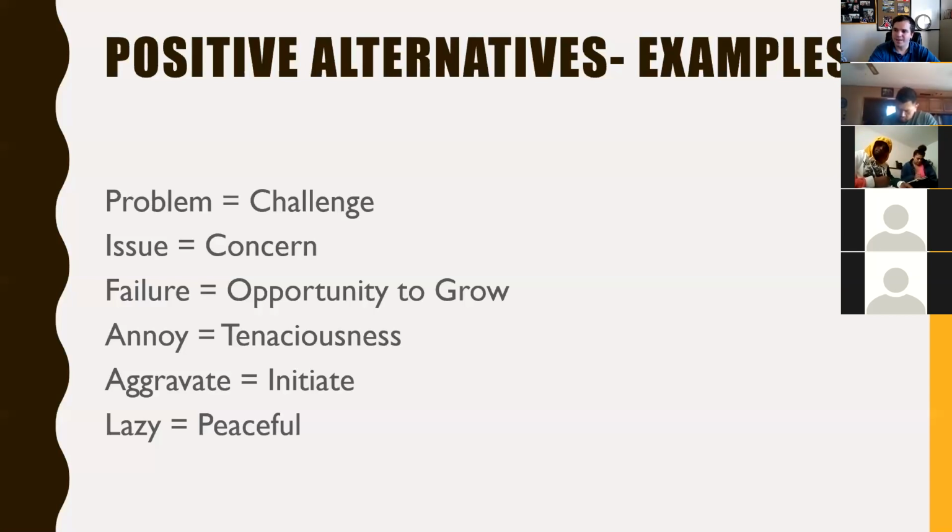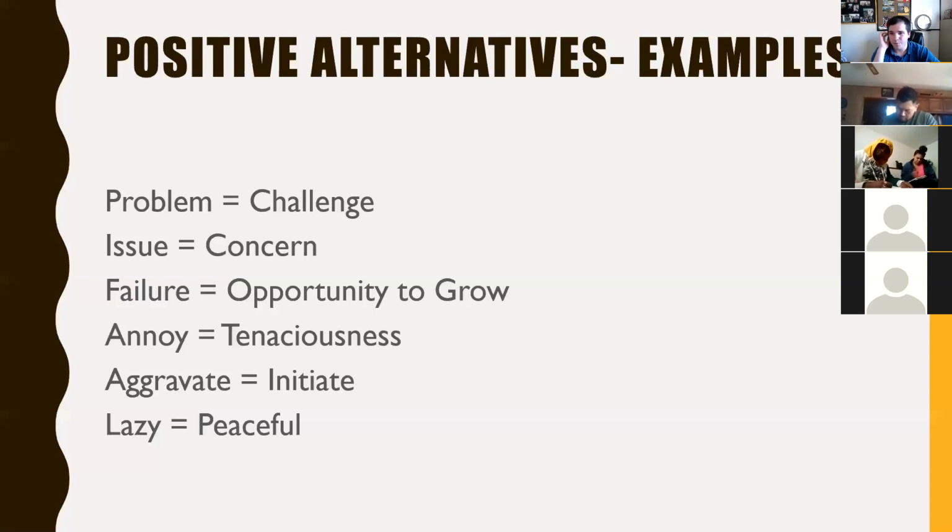Annoy, a lot of times, can be translated as tenacious. If people have said, oh, you're just being annoying, tenaciousness is basically relentlessness. It's the idea of, hey, I've got this goal and I want to see it through and make sure it's good. So tenacious would be another word for annoy. Aggravate would be initiate. A lot of times people feel like, why is this person doing everything to rock the boat?